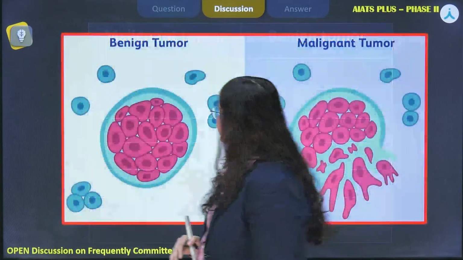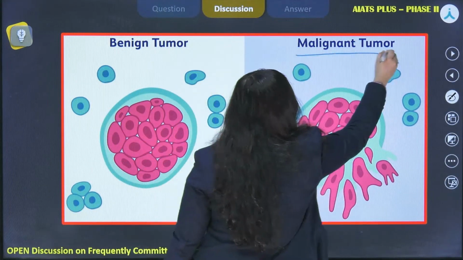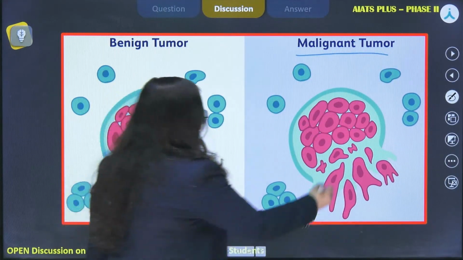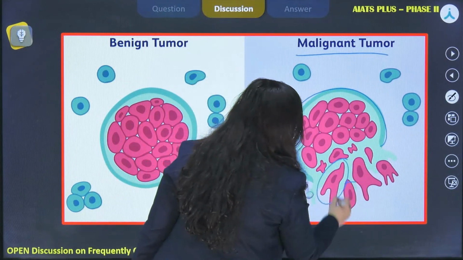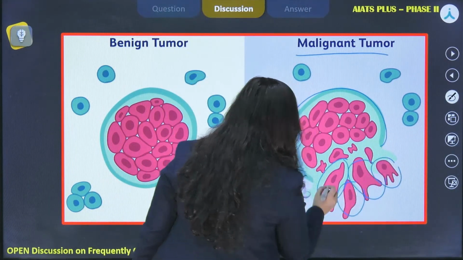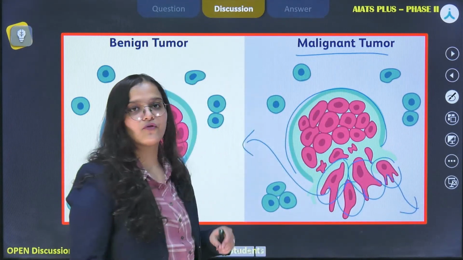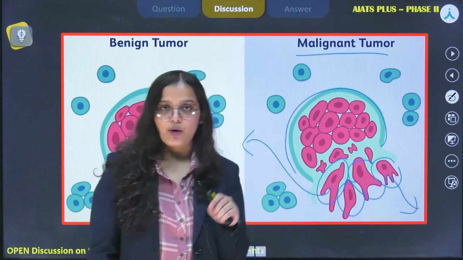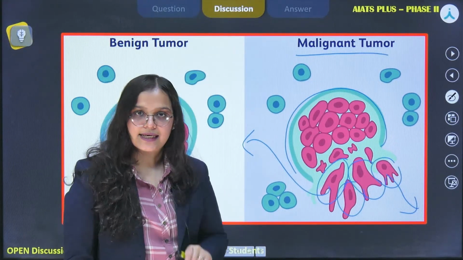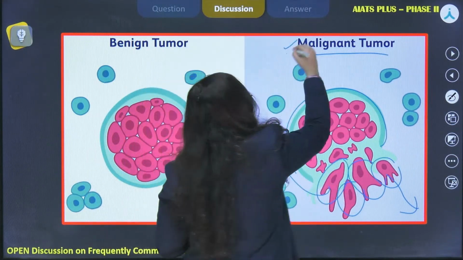As we can see in the diagram here, we have a malignant tumor and the cells from this tumor are moving out and will go to different sites, and wherever they lodge they will start forming a different tumor there. So this is known as the property of metastasis, which is exhibited only by the malignant tumor.